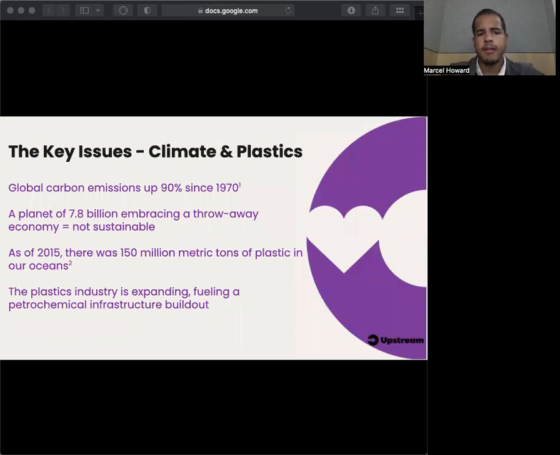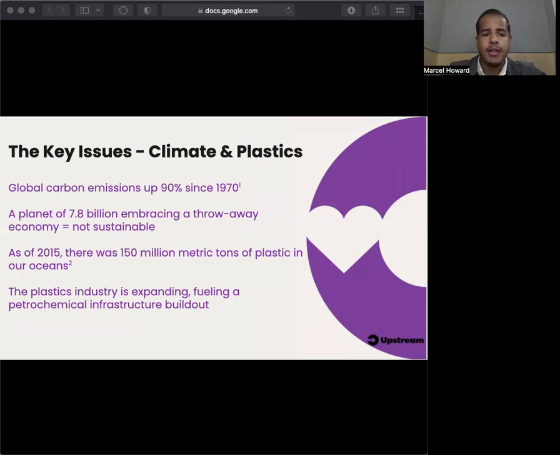So although we want to stay focused on the solutions, it's very important to understand the key challenges facing the world regarding plastics and climate change. First, global carbon emissions have significantly increased by about 90% since 1970 and are continuing to increase. Second, a population of nearly 8 billion and growing is embracing a throwaway economy centered around single-use products, which is not sustainable.